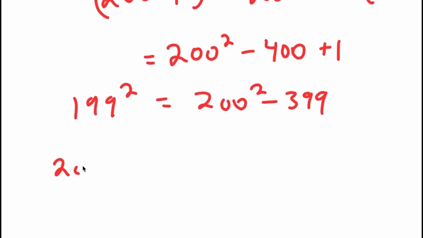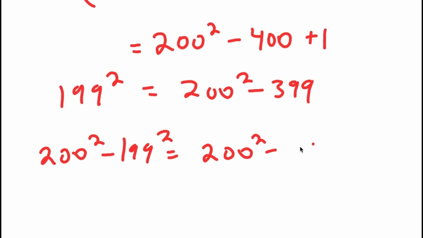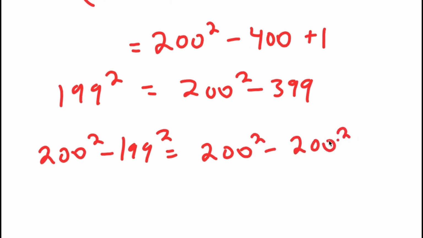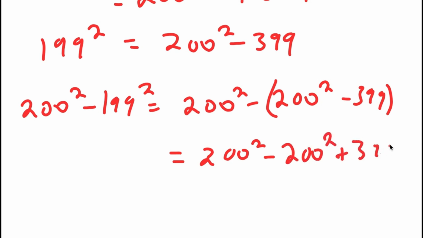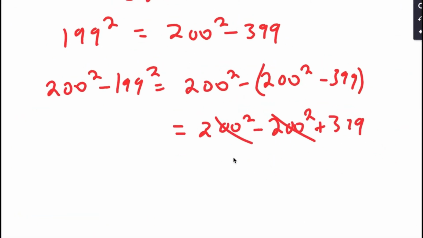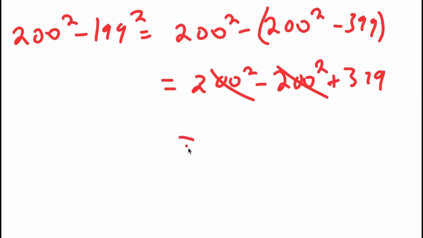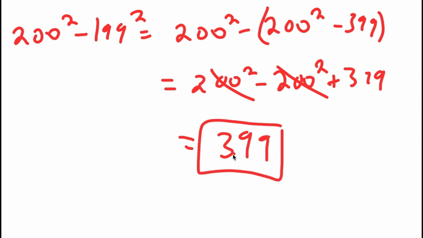So 200 squared minus 199 squared is going to equal 200 squared minus, open parenthesis, 200 squared minus 399, which is equal to 200 squared minus 200 squared plus 399. So then these two cancel out, and then this is equal to 399. So that is my second method.